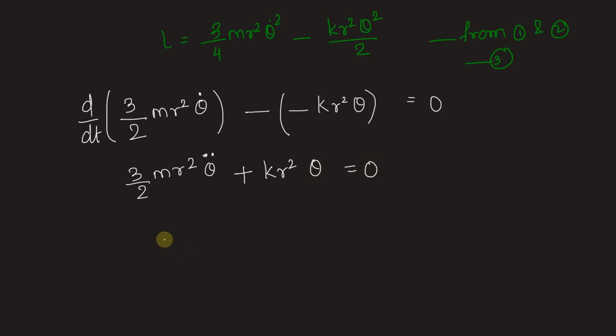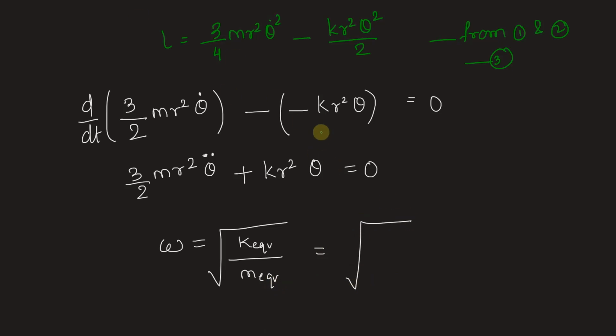Now to find the natural frequency omega, we can use root over the coefficient of theta, that is k equivalent, divided by the coefficient of theta double dot, which is m equivalent. Let's substitute the values. We have k r square divided by 3 by 2 m r square.